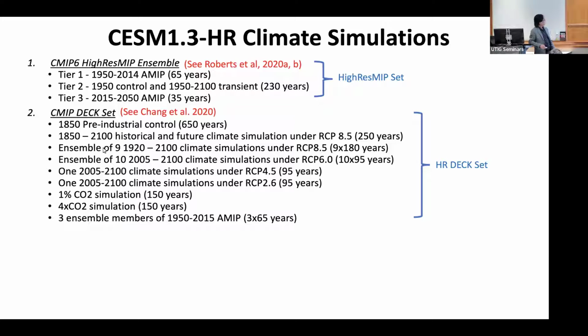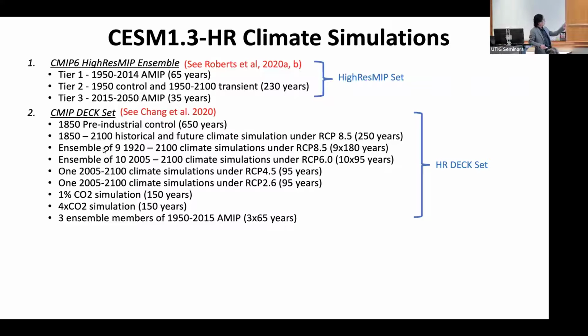So we ran a pre-industrial control simulation for 650 years in the high resolution model. And then we branched out from the pre-industrial simulation, and we did the one historical and future climate simulation under RCP 8.5 all the way from 1850 to 2100. So that's 250 years long.